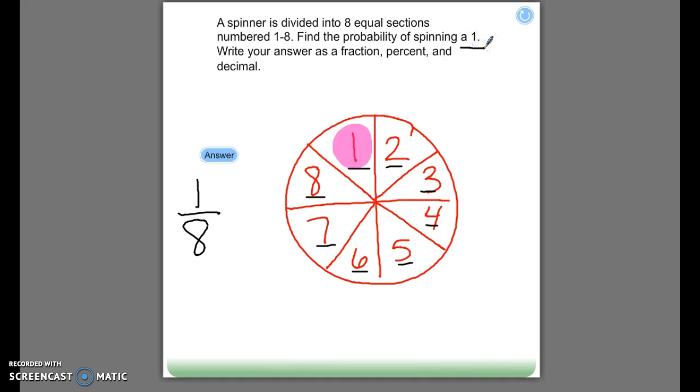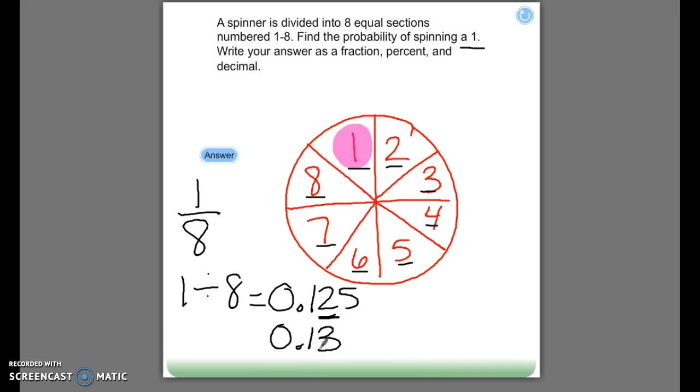Okay, again, you can type in your calculator 1 divided by 8, and you will get the decimal of 0.125. We're going to round it to the nearest hundredth. So my 2 is in the hundredths place. The 5 tells the 2 to round up, so we get the decimal of 0.13.